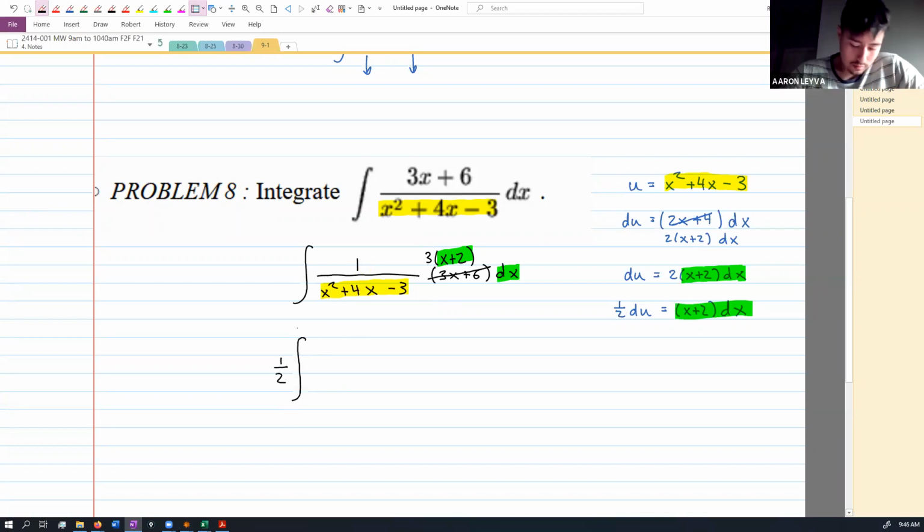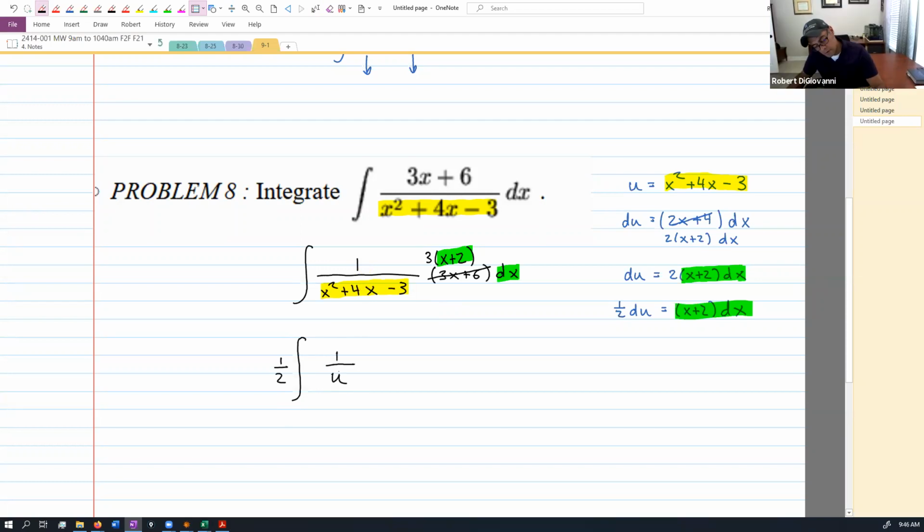Right, okay, good. Keep going. And then 1/u. Good. And then x plus 2 du. Look over here, the x plus 2 dx becomes 1/2 du, right? Oh, du, okay, du's out here.